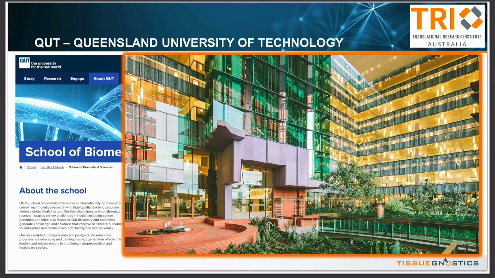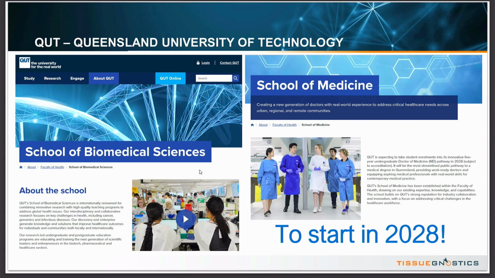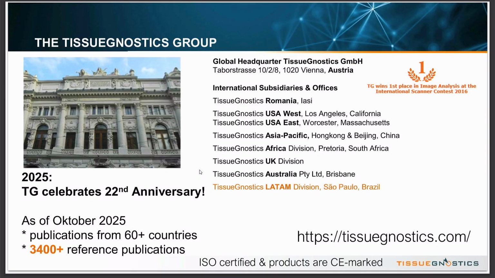I'm physically based at the Translational Research Institute of Australia, where QUT, University of Queensland and Mater Research, Mater is a private hospital chain in Australia, collaborate on realizing translational research aspects. And QUT will also start a School of Medicine in 2028. So if any students are around and would be interested to come to Australia, think of QUT, please.